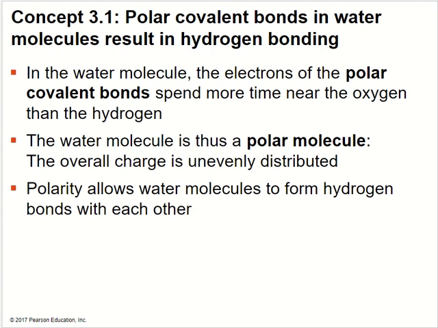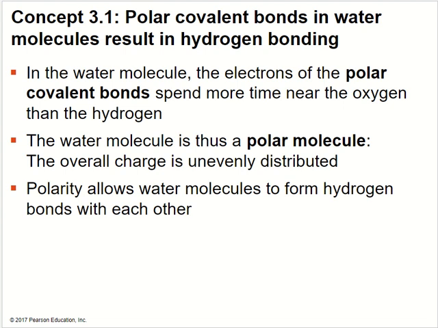Polar covalent bonds in water result in hydrogen bonding between the different molecules of water or between other substances that are dissolved in water. In the water molecule, the electrons in the polar covalent bonds spend more time near the oxygen atom than the bonded hydrogen atoms.